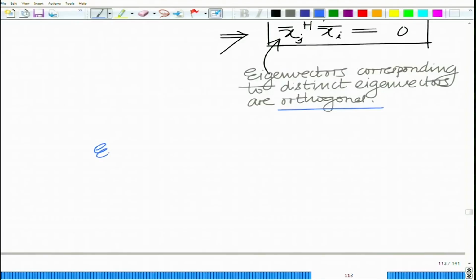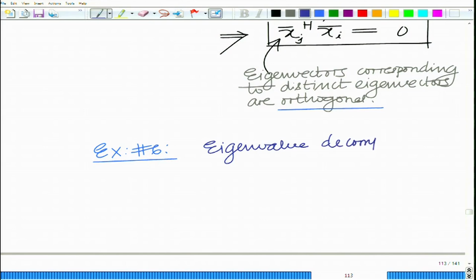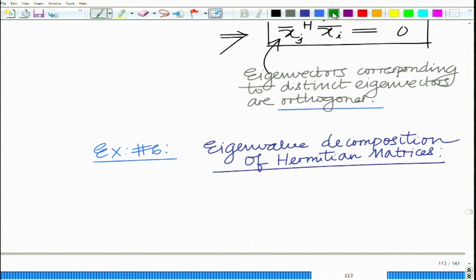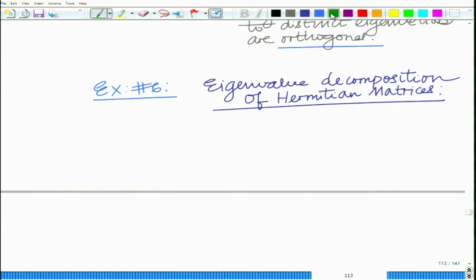It's example number, eigenvalue decomposition of Hermitian matrices.